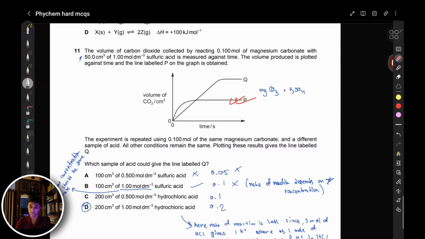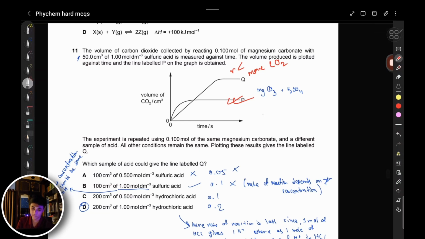What does Q represent? The amount of CO2 released is more for Q. More CO2, but the rate of reaction is less. Less rate of reaction and double the volume or amount of CO2.